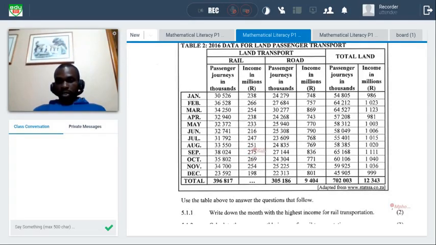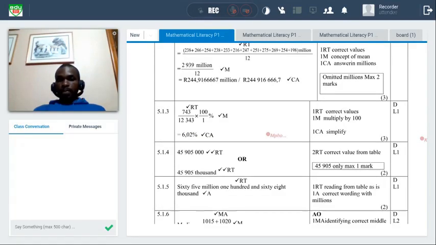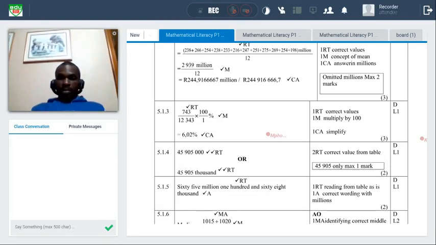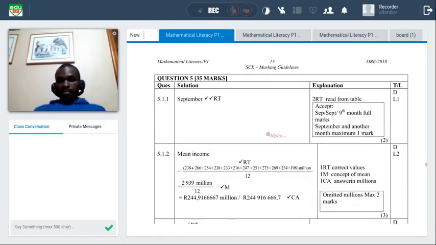So the highest is 275 million. That month will be September. So you can see from the memo, the month is September. If you write September, you have your 2 marks.